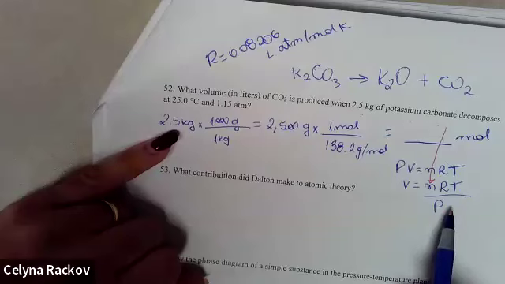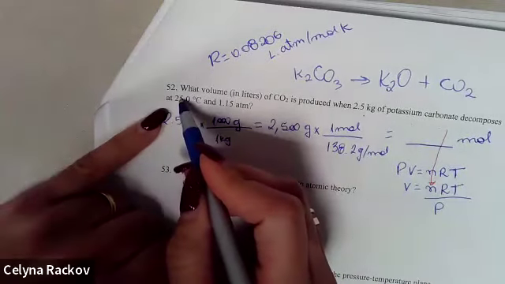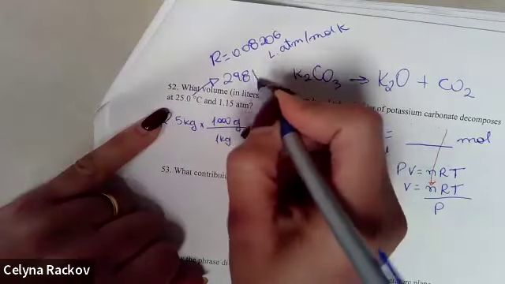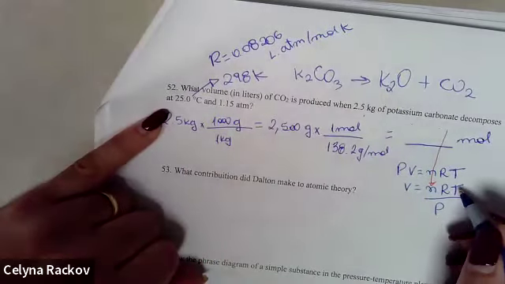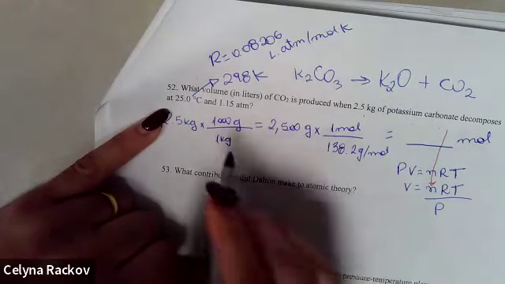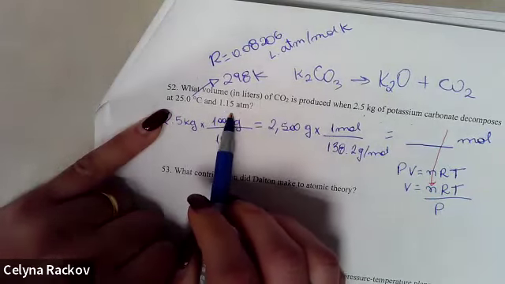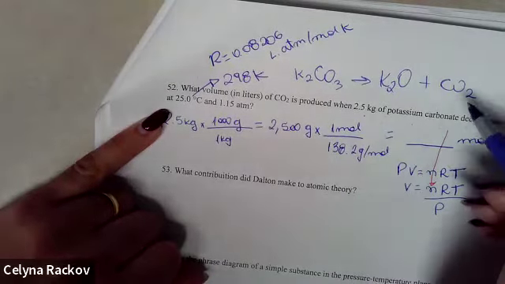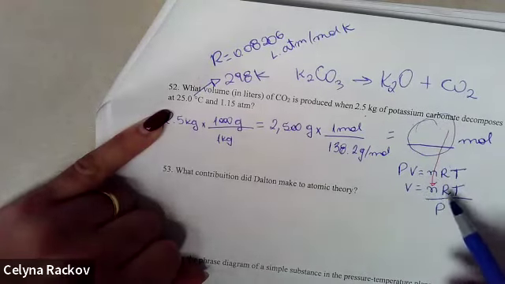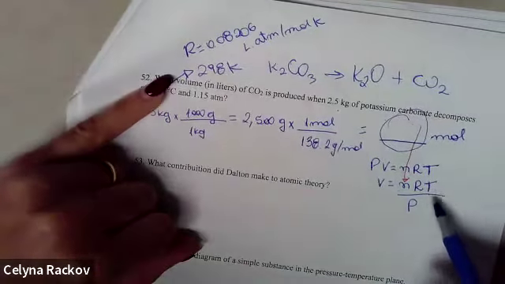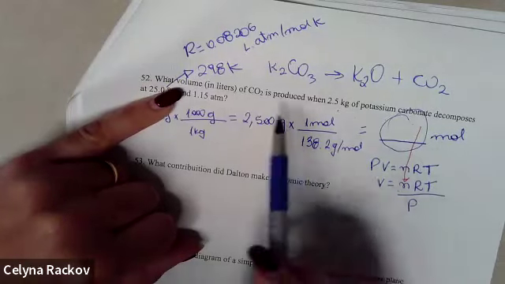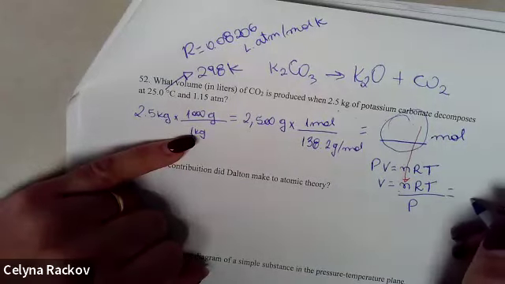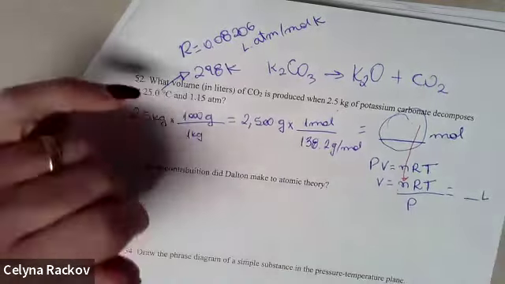Now let's go. Temperature should be in Kelvin, so 25 plus 273 would be 298 Kelvin. And pressure is already 1.15. So what we're gonna do here, take the moles calculated here, multiply by R, the universal gas constant, multiplied by T, that's your 298, divided by your pressure. And your answer should be already in liters, right?